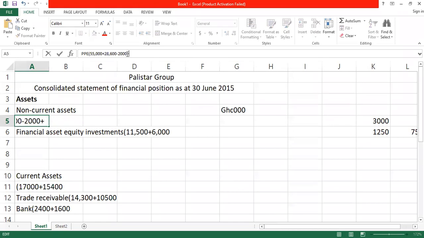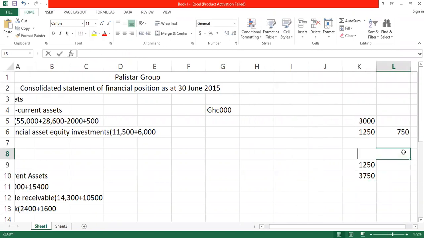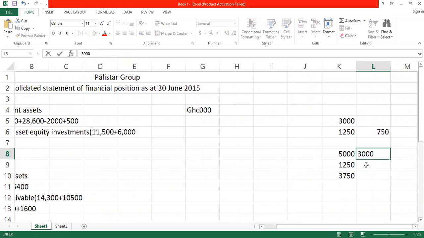Or another way of doing this is that, if you are having 5,000, what should have been the carrying value? The depreciation is 1,250, so this should have been 3,750. If you are using 3,000, depreciation should have been 750, and your carrying value should have been 2,250.